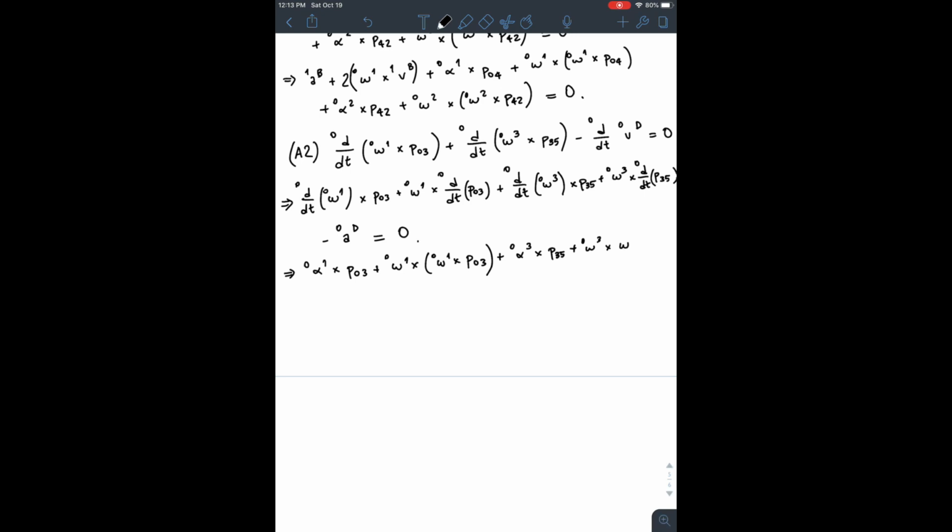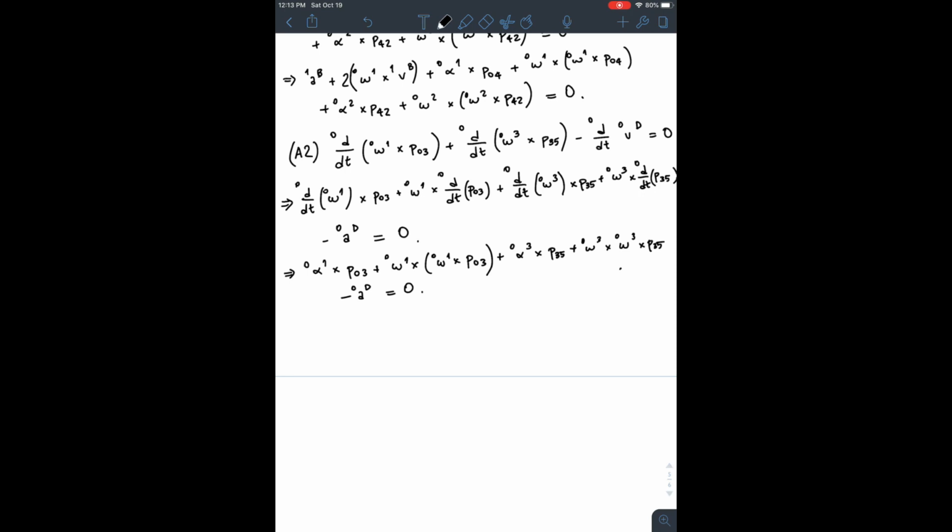Angular velocity of 3 in 0 cross p35. And finally I have the acceleration term here, it equals 0. And that one here is as simple as it gets in vector form.